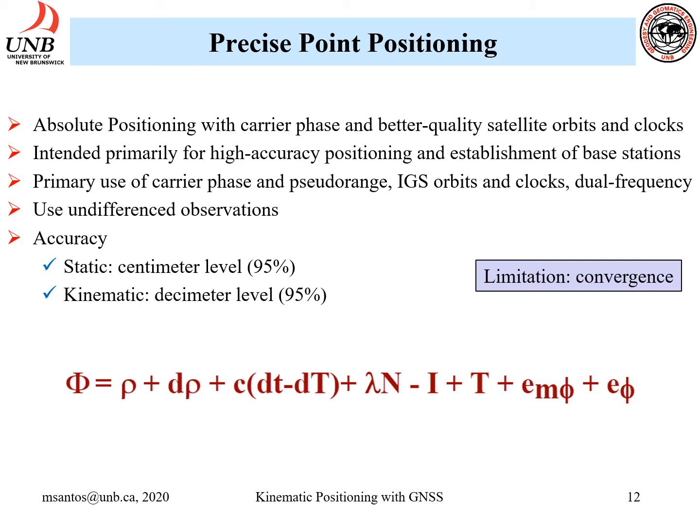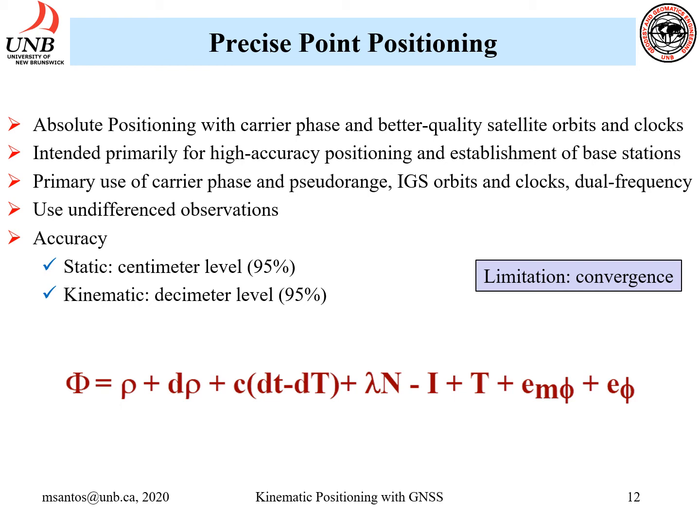It uses carrier phase and also pseudorange. Typically, the orbits and clocks come from the IGS, the International GNSS Service products, and it is based on dual frequency measurements, but in the same way it uses undifferenced observations.